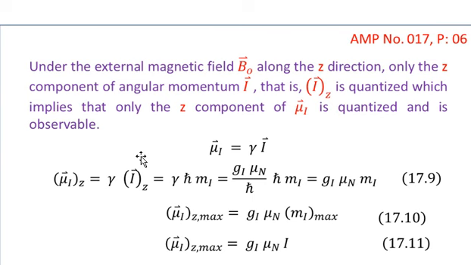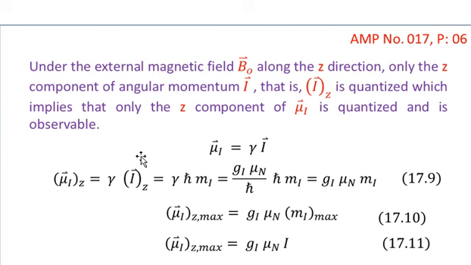So you see that when you apply B naught as an external magnetic field, then only the z component of the spin angular momentum capital I vector will be quantized. That is, its value can be measured and its values will be fixed along the z direction, depending upon the different orientations of the vector I. So the z components of those quantities are quantized.